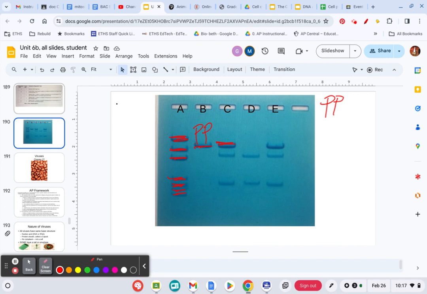So that's telling us that she has one good P53 gene, because one of her genes went to the same location as the control lane B did. But she did have one copy that was mutated, and we already knew that, right? We already knew she's going to have one copy that's mutated.